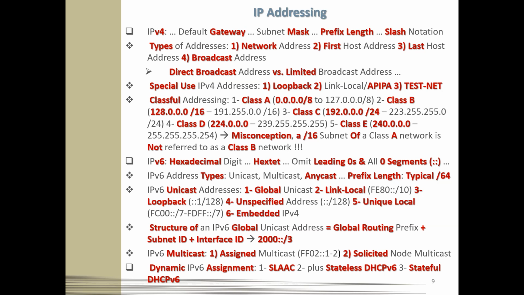So the takeaway point for you is that this is equivalent to ARP, address resolution protocol, in IPv4.